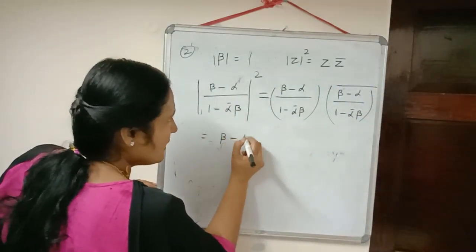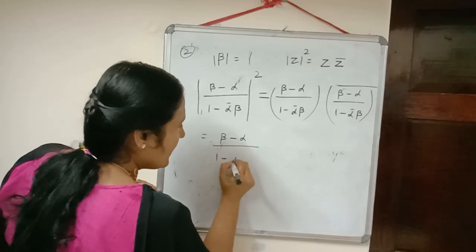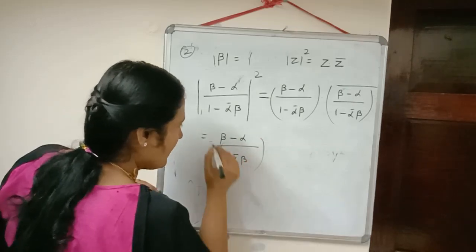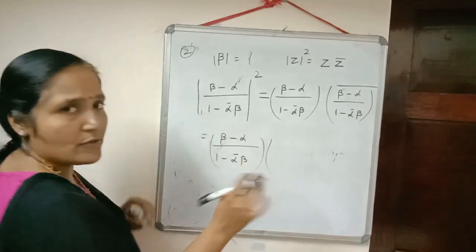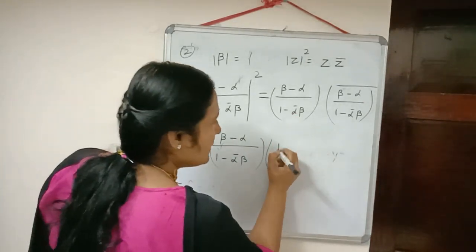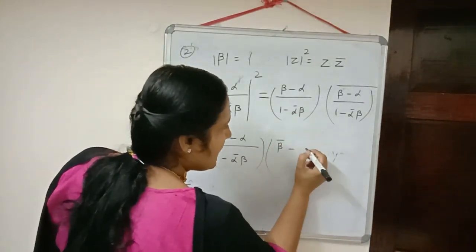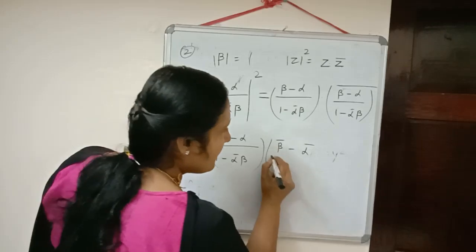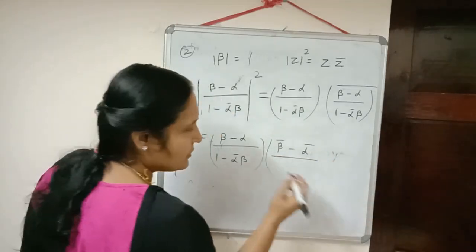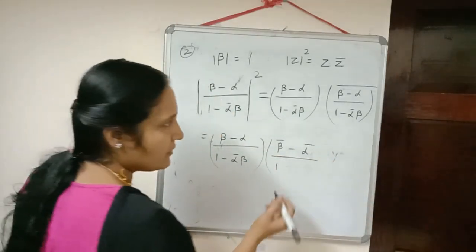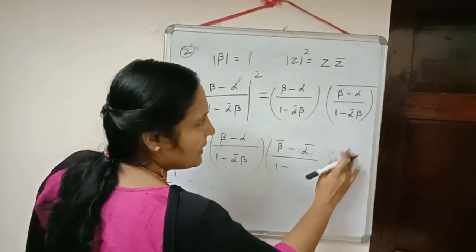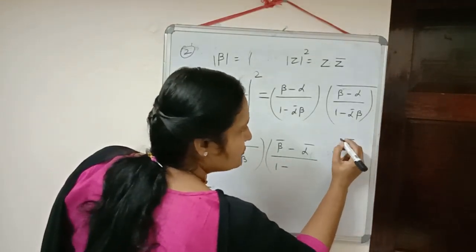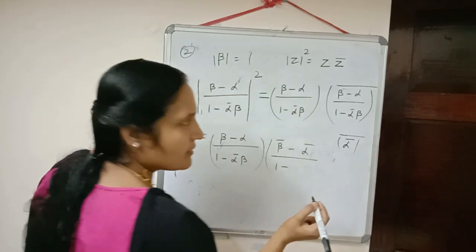So the first one we will write as it is, 1 minus alpha bar into beta. Now here the conjugate will come for all the numbers, so it will be equal to beta bar minus alpha bar by, 1 is a real number so its conjugate will be equal to 1 only, minus what will be alpha conjugate, the whole conjugate.